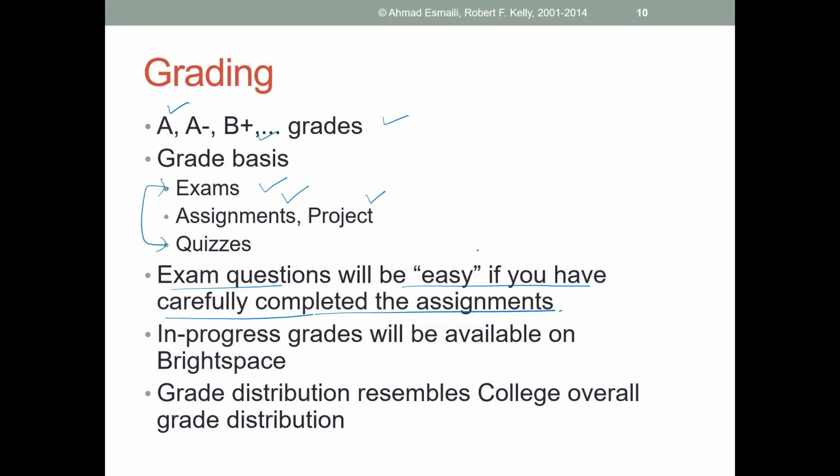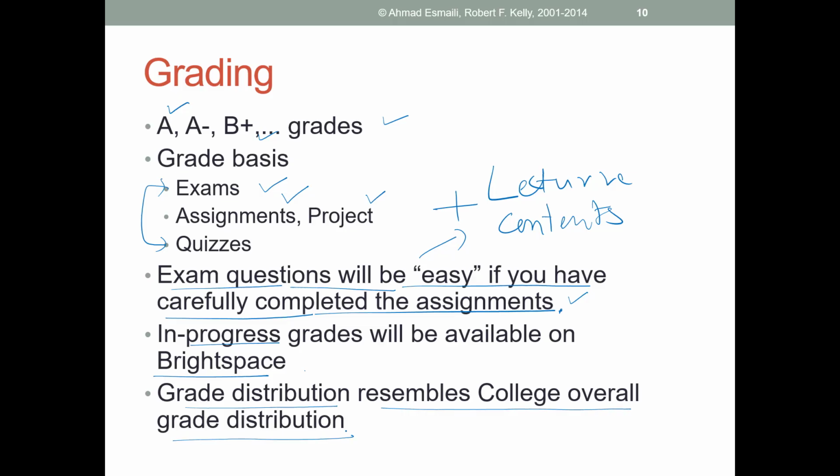And I should also add one more thing, that if you know the lecture contents, right? The exams, which include quizzes as well as the midterm and final exam, are easy if you are paying attention to what we are doing in the lectures, and also if you are successfully completing the assignments. All the grading information will be available on practice space. And the grade distribution, as I said, would resemble the college overall grade distribution, right? So no surprises over here.